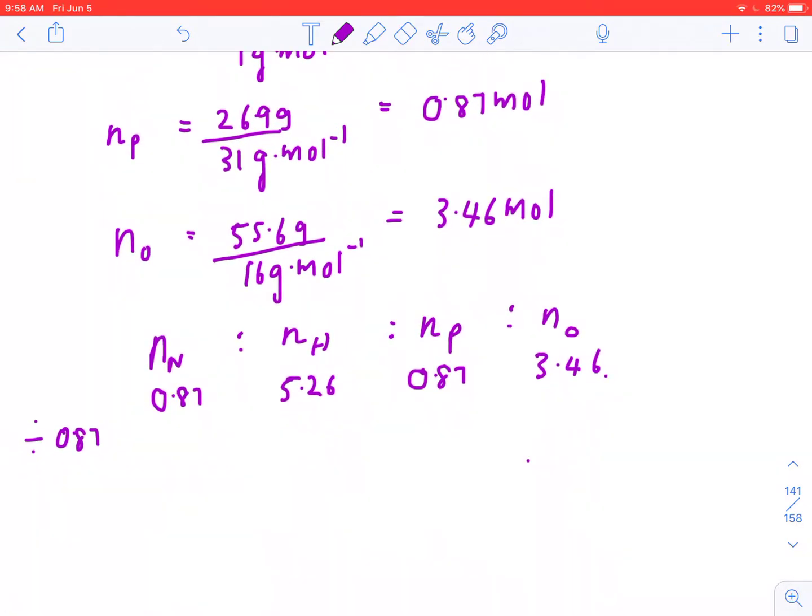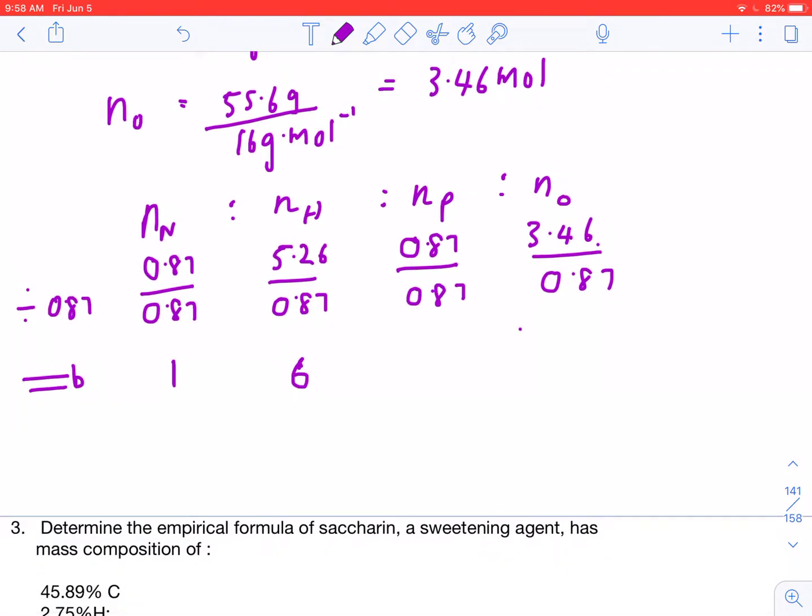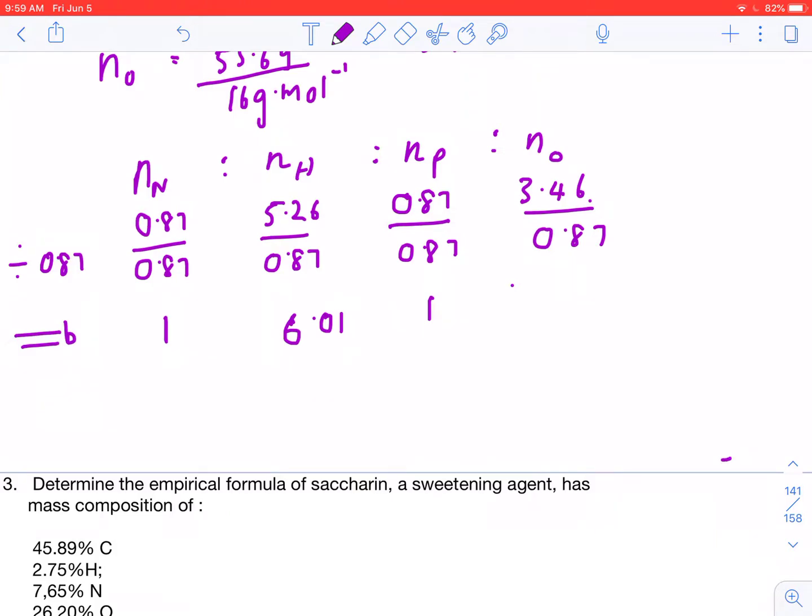So we divide throughout by 0.87. That gives us 1, this gives us 6.01, so we round it off to 6, this gives us 1, and this gives me 3.97.